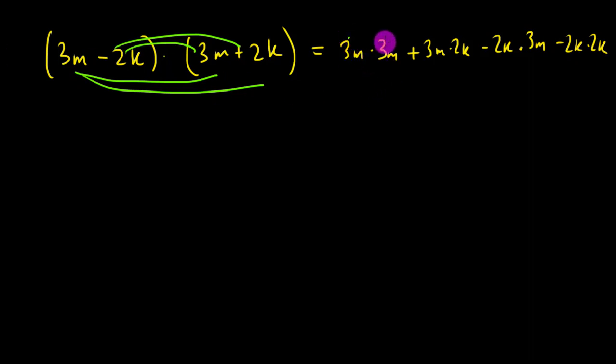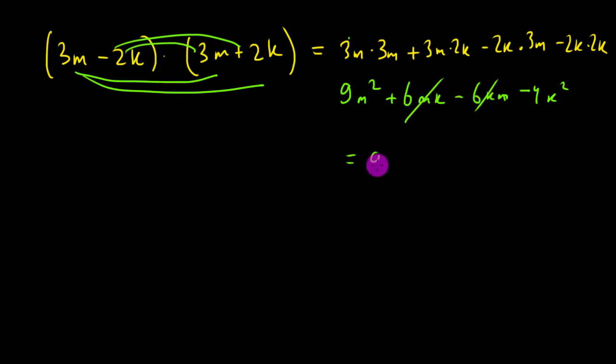If you multiply the numbers, it will be 9. m times m will be m squared. Here you have 6mk, and here you have minus 6km. You could write km. So minus 4 and then k squared. They are the same, there is no difference. mk and km are cancelled. So it will be 9m squared minus 4k squared.